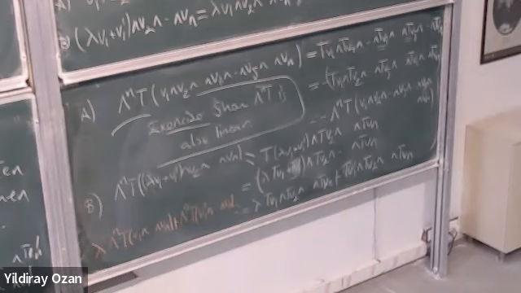If T1 and T2 are operations, then determinant of T1, T2 is the same as determinant of T1 and determinant of T2.